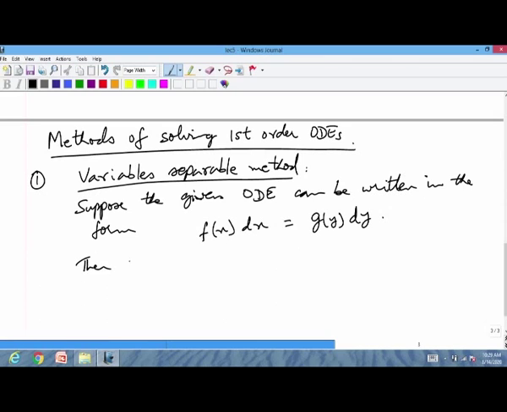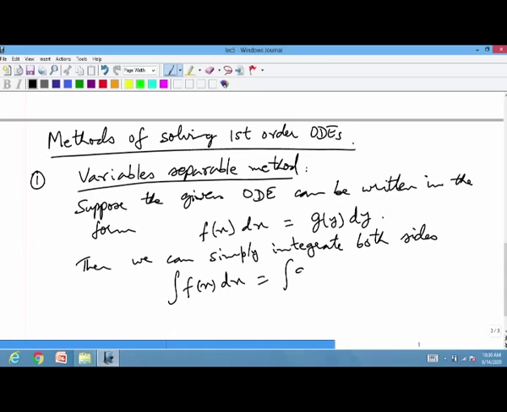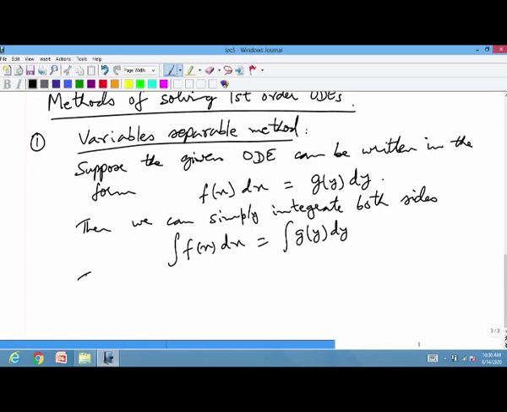then we can simply integrate both sides. So, we will write integral of f x dx equal to integral of g y dy. This gives solutions in implicit form.